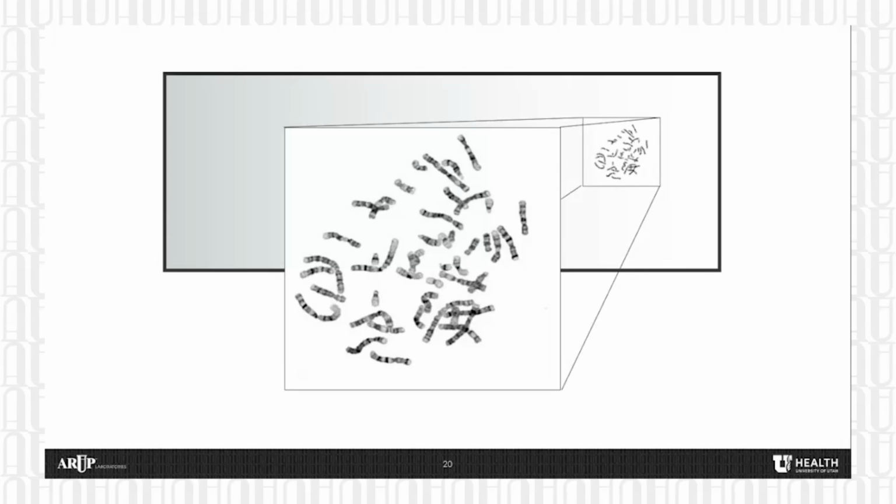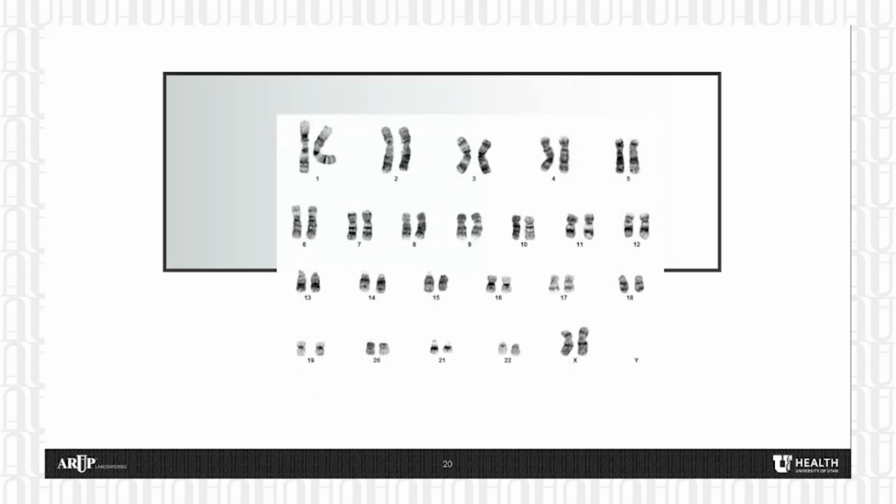And then these chromosomes on the slide are banded or stained with Giemsa for G-banding. Each chromosome has its own characteristic banding pattern. So chromosomes are recognized based on that banding pattern and then assembled in order of size.